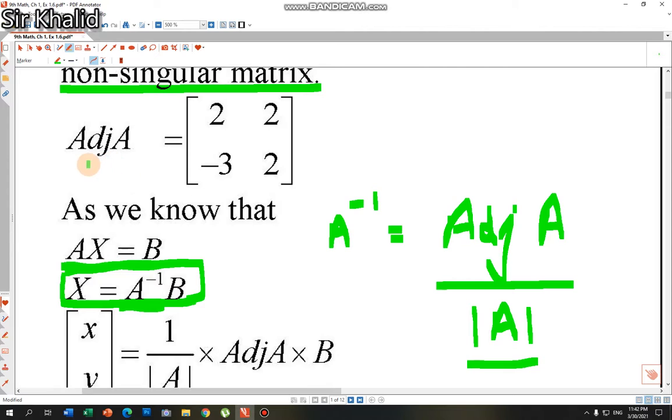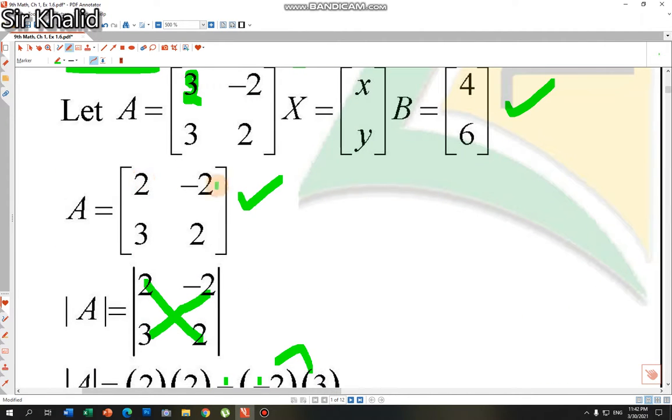Now perform this step. Find out the adjoint of matrix A. This is the matrix A. You all know how to calculate the adjoint of A. For this diagonal you have to interchange the entries, and for this diagonal the signs will be changed.